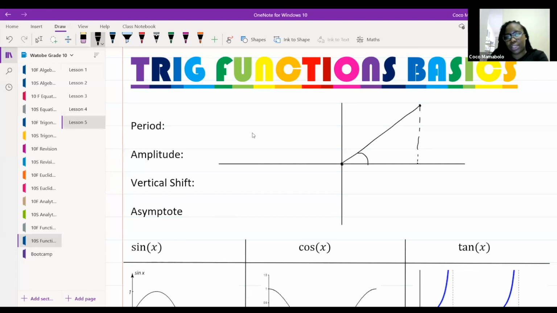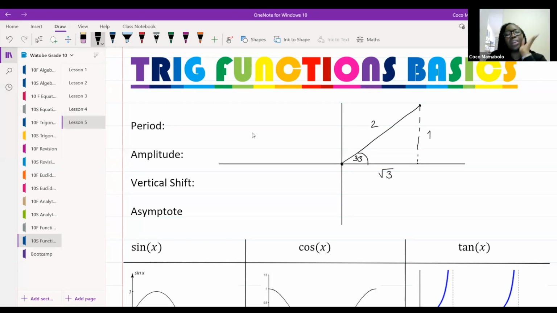Let's say this is a 30-degree angle. Then this side is 1, this is 2, and this is root 3. I can use this in the same way that I could SOHCAHTOA.